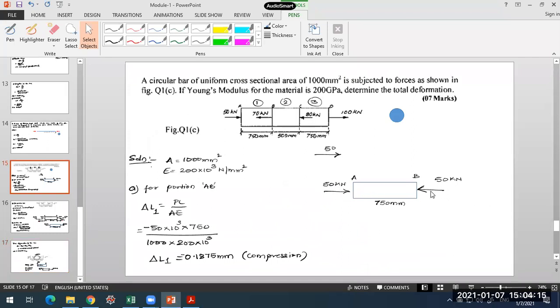On this face also 50 has to come. So in the starting portion, we can directly take whatever load is given, and at the other end the same magnitude in the opposite direction. In the last portion also, whatever is there, the same magnitude, opposite load you can take. Only in the middle portion do you have to check the net force by considering all the forces. Is that okay? Yes, sir.